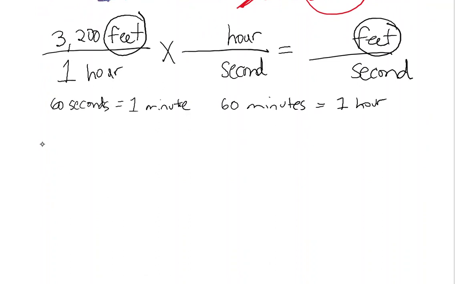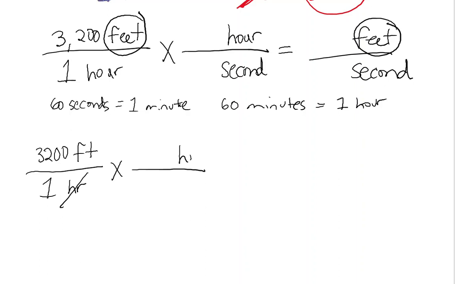So if I knew that there were 3,200 feet per 1 hour, I could start off by canceling hours and going to minutes, knowing that there's 60 minutes in 1 hour. Then I could cancel minutes.